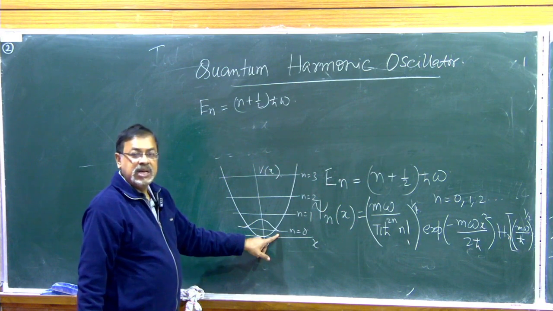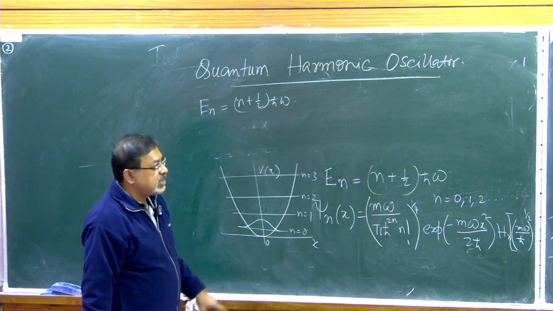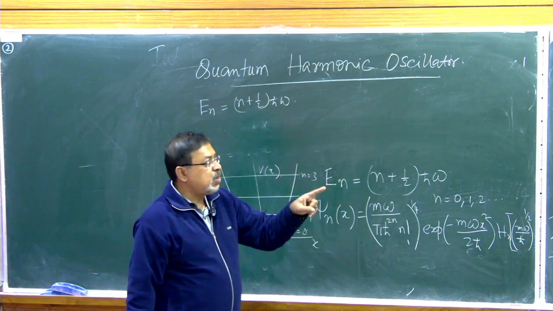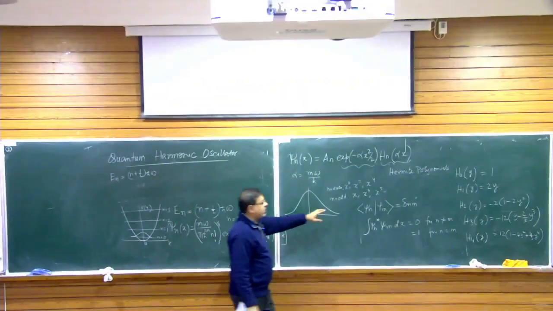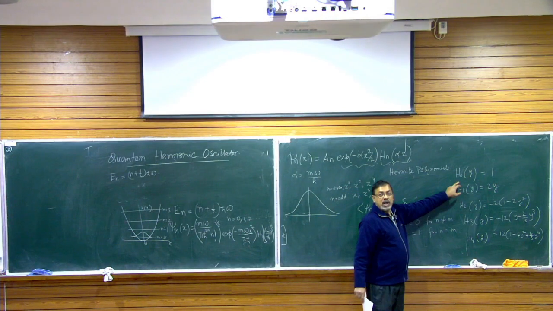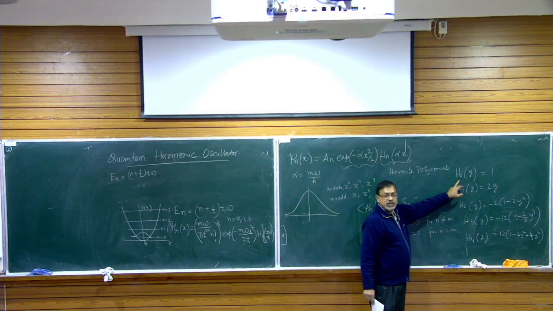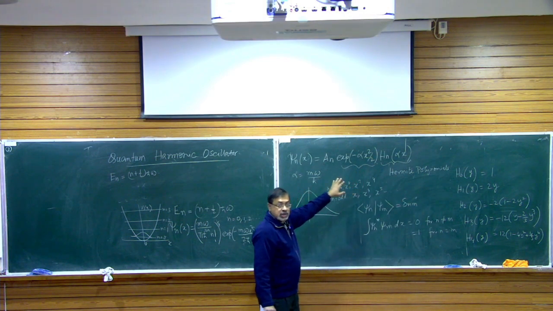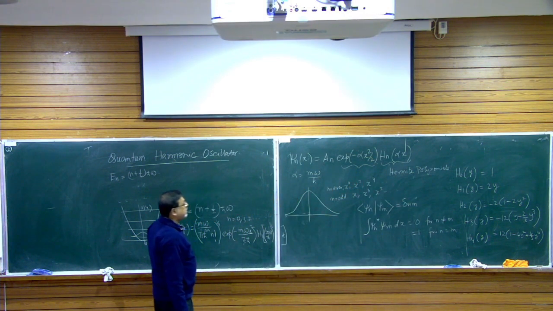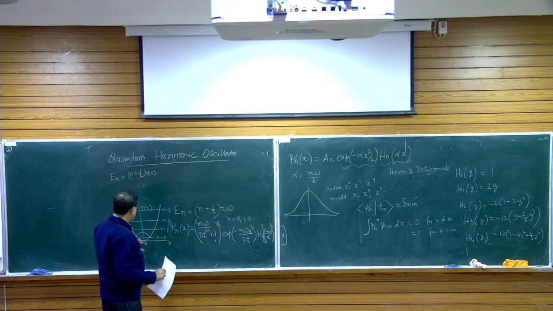So this is the lowest wave function, because you see H0(y) is equal to 1. That's here, H0(y) equal to 1, which is what we have written earlier, and you multiply that by the Gaussian function, which is exponential of minus y square, and then you get this.